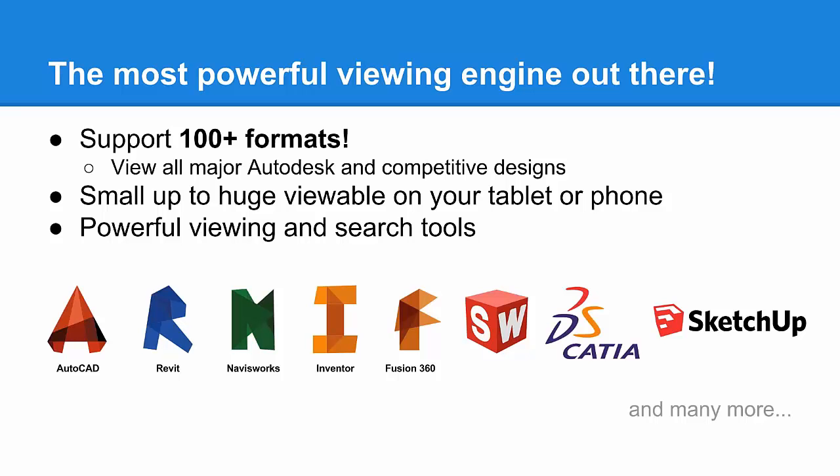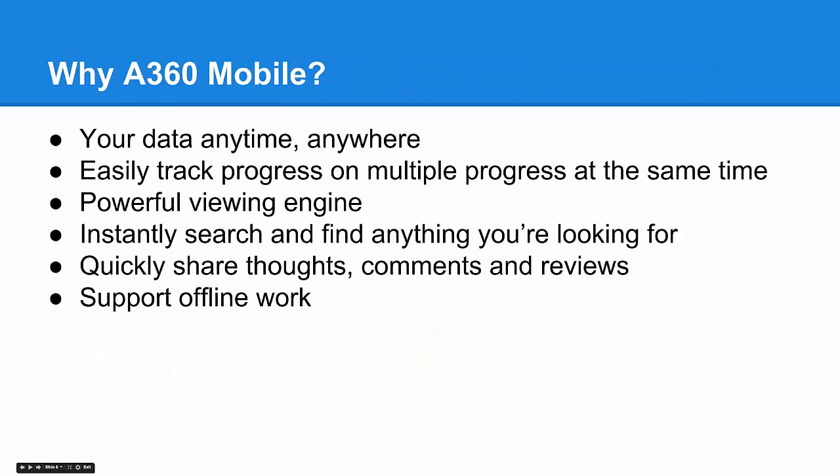One of the big powerful things about A360, both mobile and web, is that this is actually the most powerful viewing engine out there. We support more than 100 file formats from the major Autodesk and all the competitive designs. We support small files up to really huge viewable designs on your tablet or phone, and we have really great and powerful viewing tools and search tools.